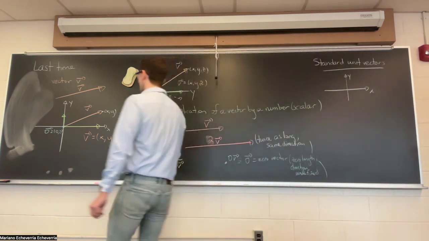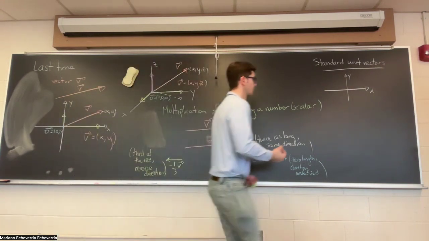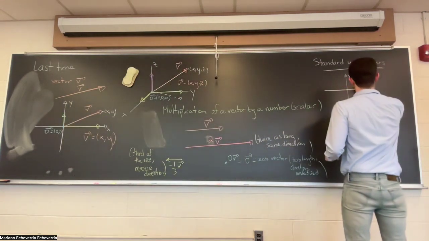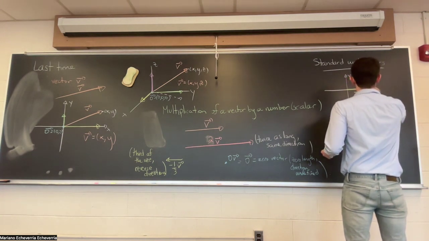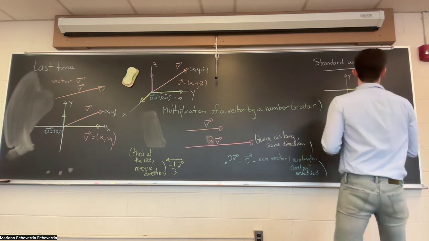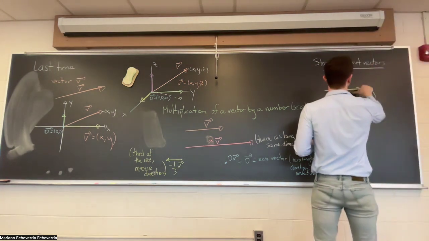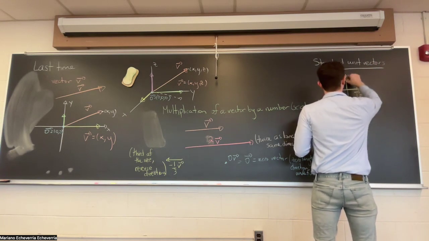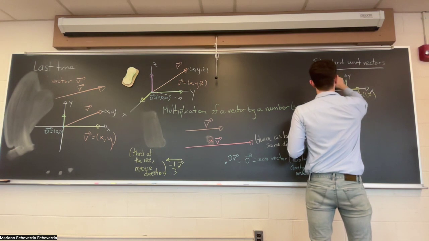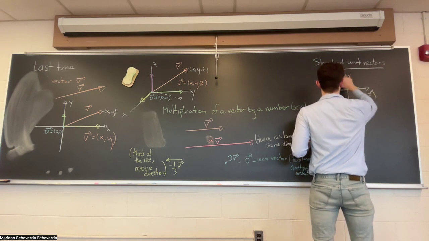So when it's on the XY plane, I'll still call them i and j. The first one is i, which is a vector that goes from the origin to the point (1, 0), and the other one is called j, which is the vector that goes from the origin to the point (0, 1).